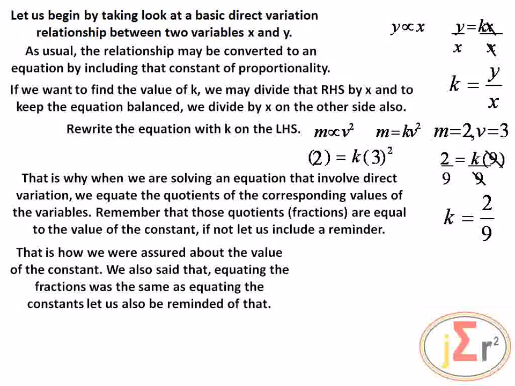But let us take a second look at something else to cause the entire thing to be a little bit clearer. That is how we were assured about the value of the constant. We also said that equating the fractions was the same as equating the constants.